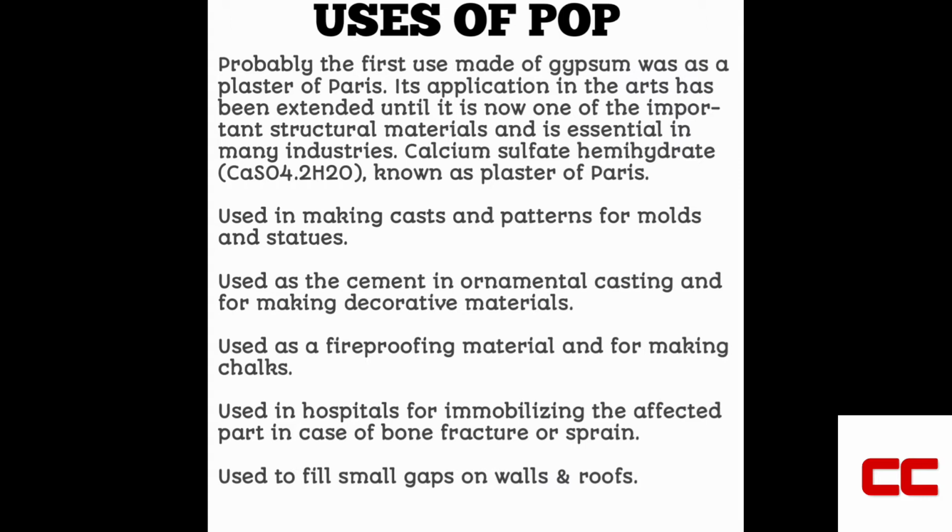It is used for making statues and also as a cement in decoration items. It is used as fireproofing material and for making chalks, and used in hospitals in case of bone fracture or sprain so as to hold the hand or leg in a firm position. It is used to fill small gaps on walls and roofs.